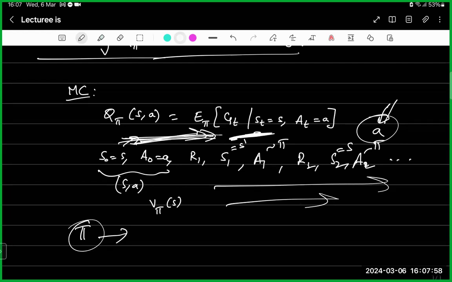So even though you behave according to pi, you'll still have some chance of seeing s comma A because pi itself is stochastic. If pi tells you to take action A with probability, let's say, 0.1, you will take action A only with 0.1. You won't take action A with 0.2. You are not taking some arbitrary random policies. You have a random policy, and you are playing according to that random policy.